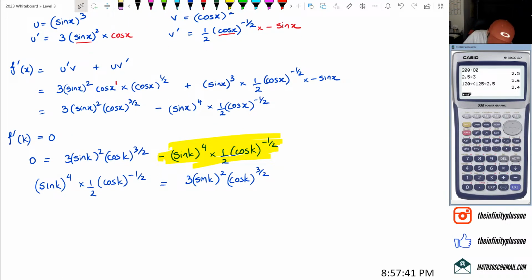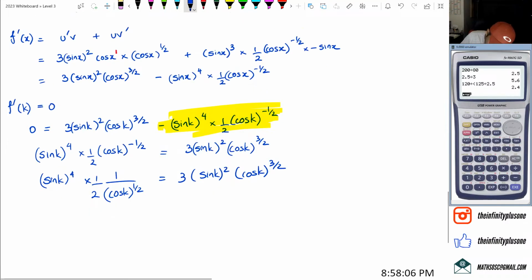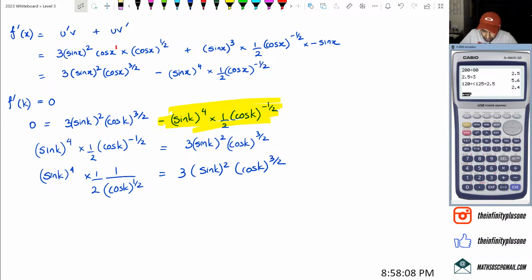Okay, next, we're on to something here. I'm going to get rid of the 2 there, and I'm going to write this as sine k to the power of 4 times 1 over cos k to the power of half. I'm doing this extra step for you guys because I know this is quite a lot at the moment, but I can see what they've done. I've turned that negative half into positive half.